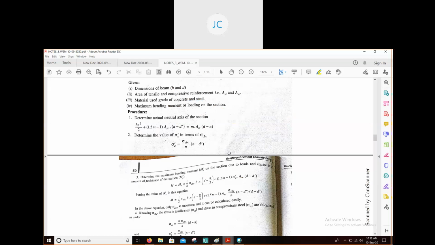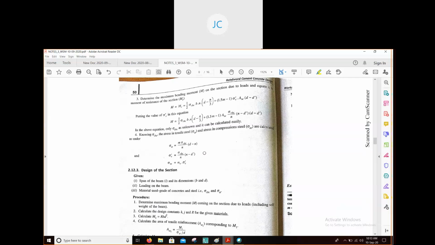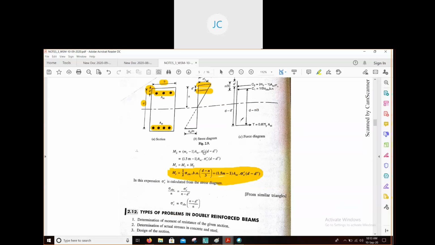You see the value: take effective cover to the center of compressive reinforcement as 40 millimeter. That means the d dash value is given. Whenever the word effective is mentioned, you have to understand that the measurement is taken up to the center of the reinforcement.